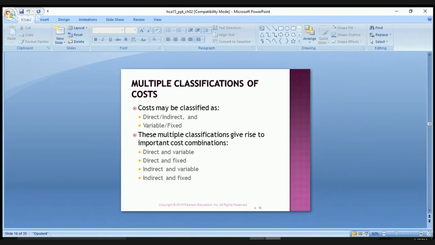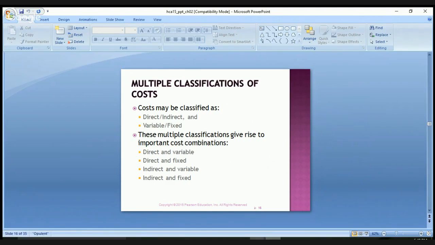They can't be both. And then you classify, are they variable or fixed? Variable, I pay only the amount I need. Fixed, I have to pay no matter what. Direct, I can associate it directly to the product I'm producing. Indirect is more of the big picture.